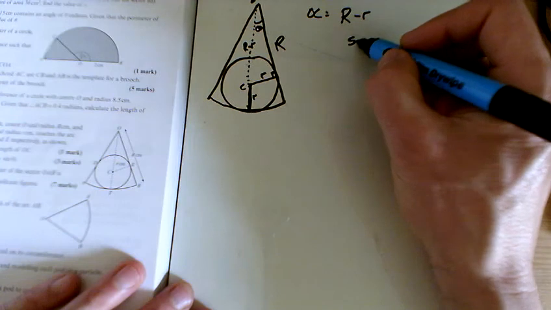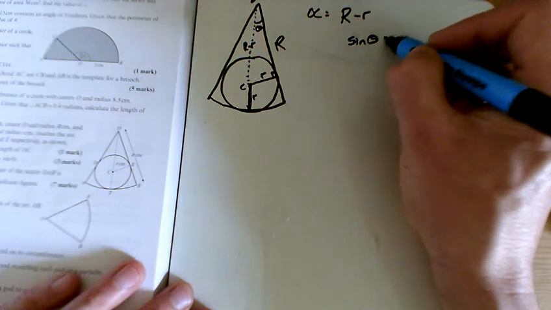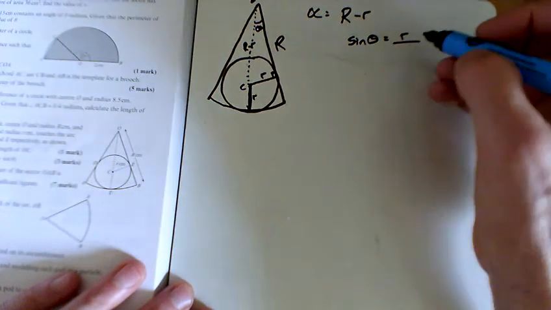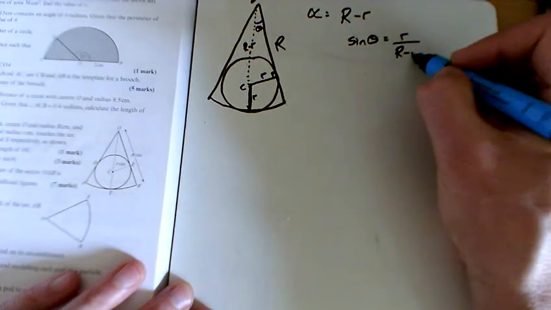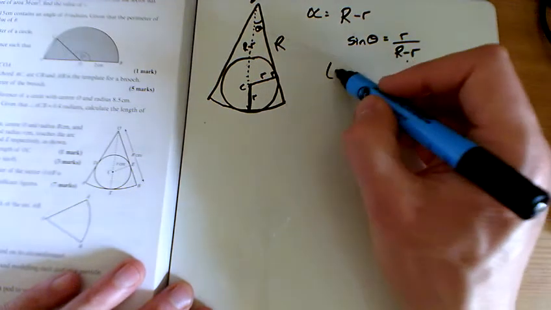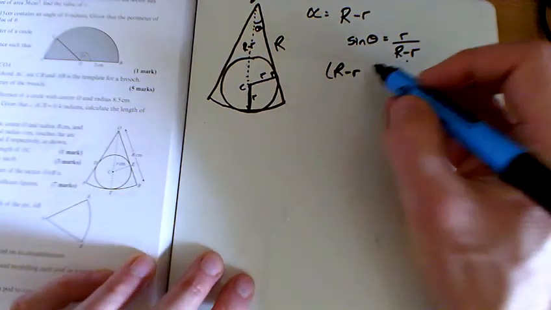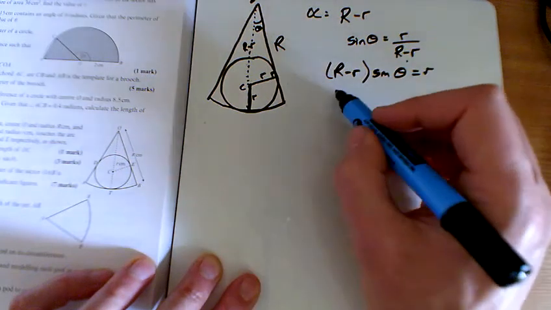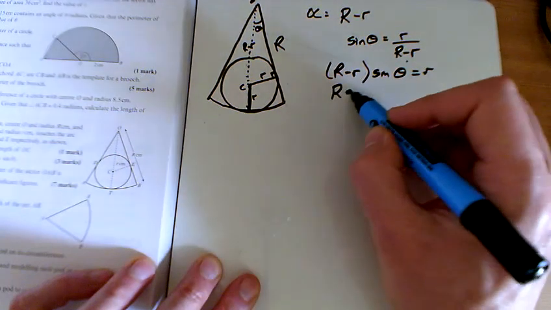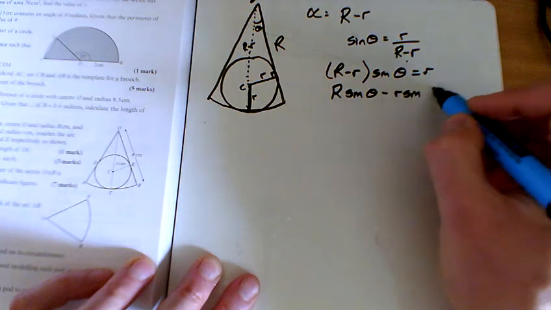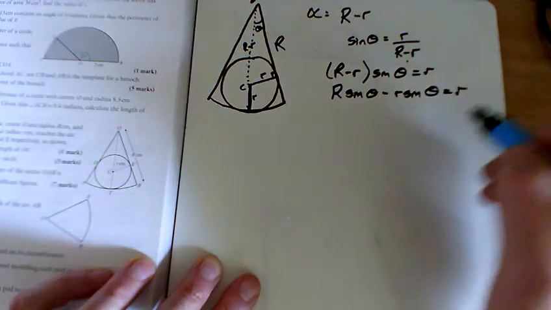And I could say that sine of theta equals opposite over hypotenuse, r over capital R minus little r. I'm going to multiply that up. I'm going to take my time. I'm going to multiply it out as well. R sine theta minus little r sine theta equals r.